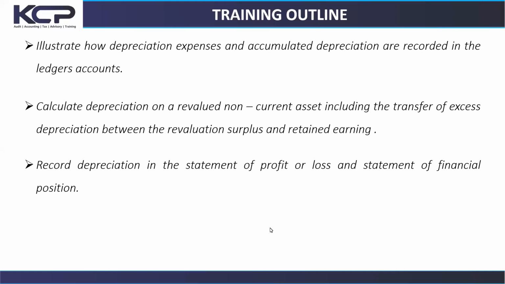The initial cost is 1 million, less depreciation of 150,000, so we have 850,000 at the end of the year, and the revaluation surplus of 750,000 will be added to the 850,000. That will give us 1,600,000, which will be the carrying amount.